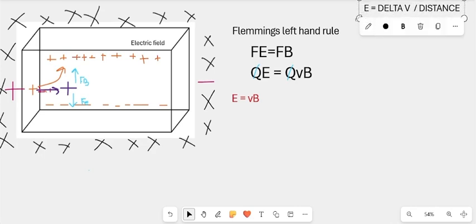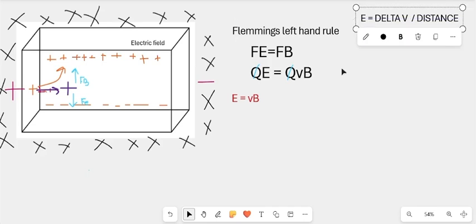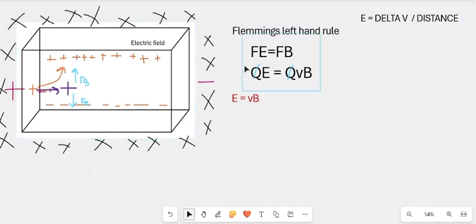This formula is only applied to a uniform electric field, and we are assuming that a uniform electric field is applied here. So we have the delta V and the distance, and that distance is right here.